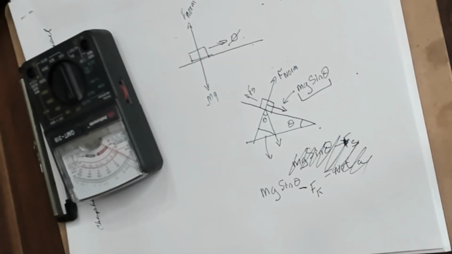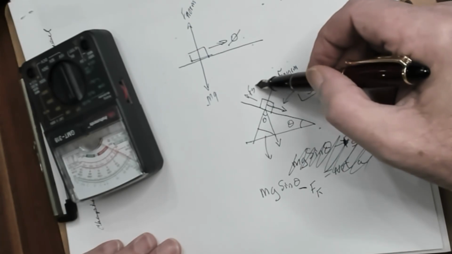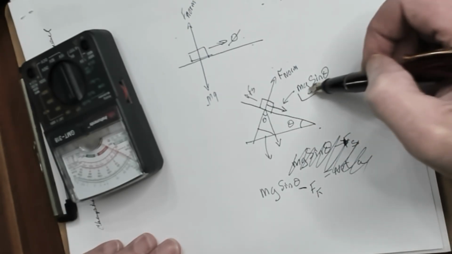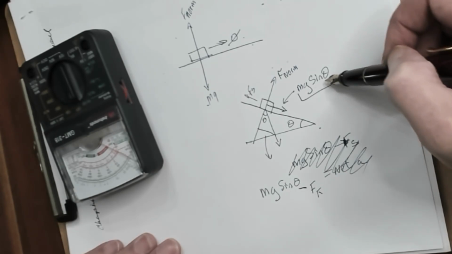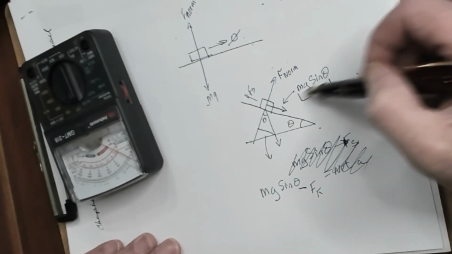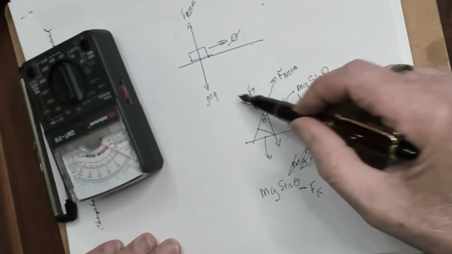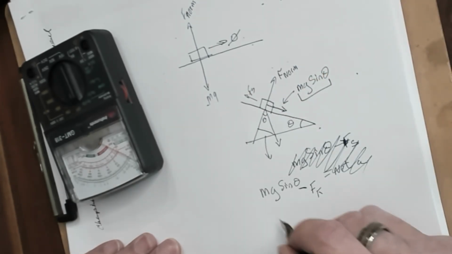So in our previous example, if the static friction was 5, we could raise this angle until mass times gravity times the sine of angle theta also equaled 5. But once it exceeded 5, the kinetic friction pulling it back was only 3 newtons.